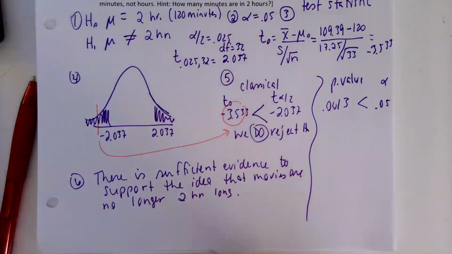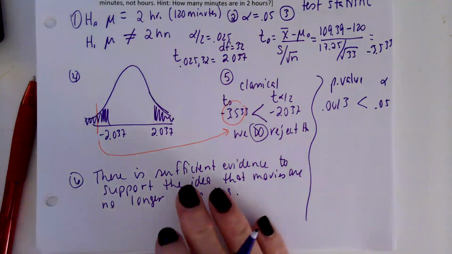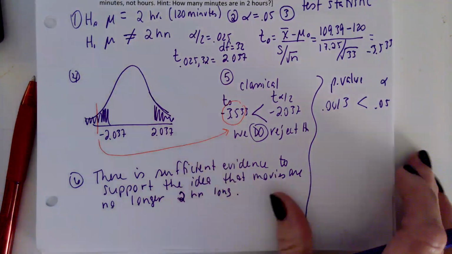We don't know how long they are, but we do have evidence to say that they're not 2 hours long. They're either less than that or more than that on average. And that is our hypothesis test for question number 6.